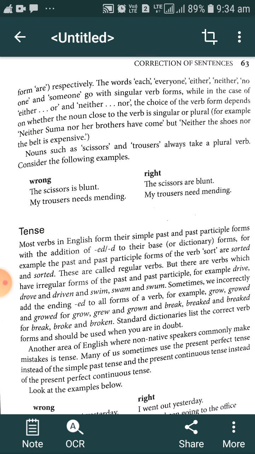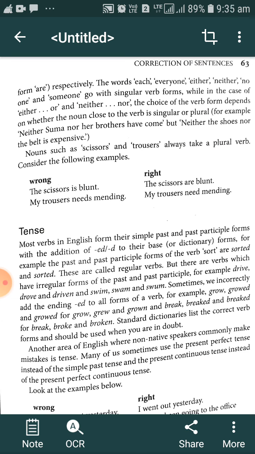The choice depends on which noun is close to the verb. Here it is belt, and in the previous sentence it was brothers. So in the case of neither nor, either or, we should keep in mind that the noun close to the verb is considered while forming the proper form of the verb.